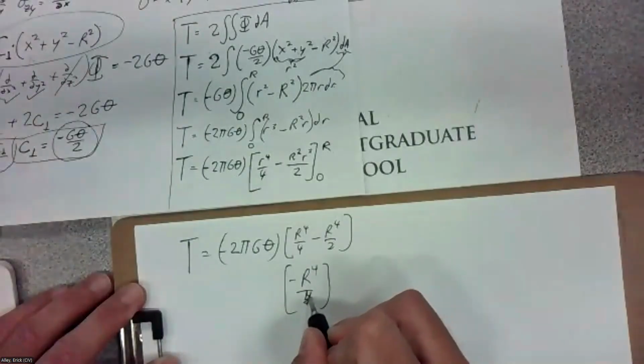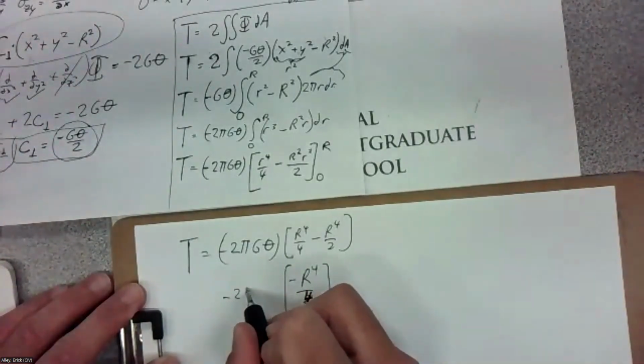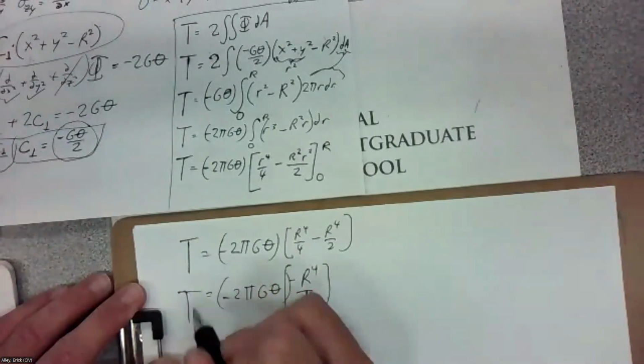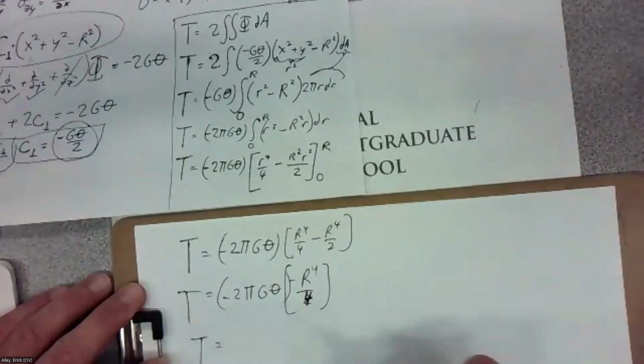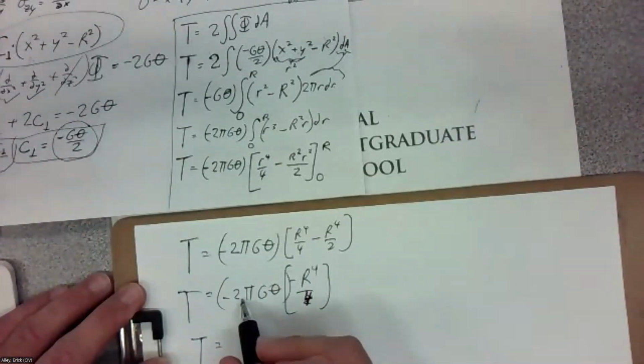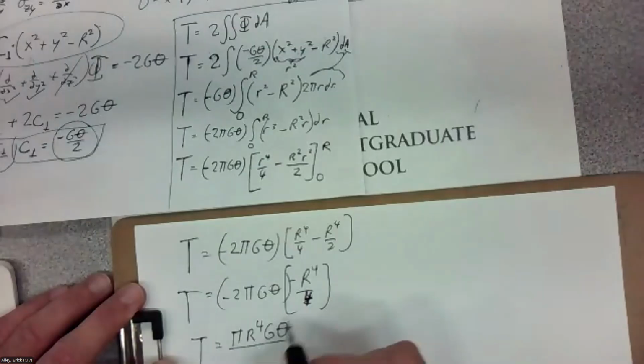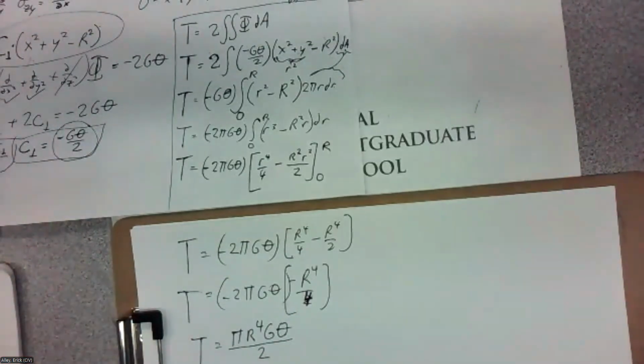Thanks for catching that, guys. And then we got minus 2 pi G theta out here. So minuses will cancel out. We get pi R to the 4th G theta over 2. Looks about right.